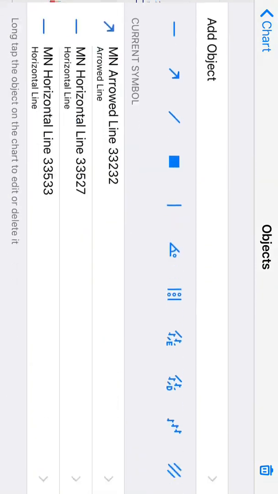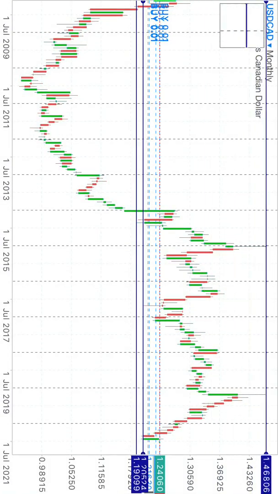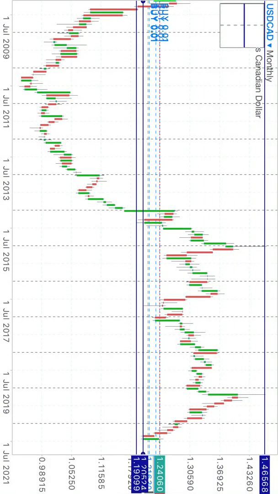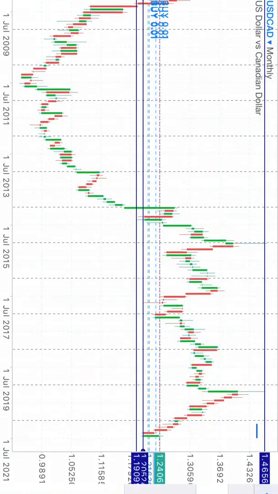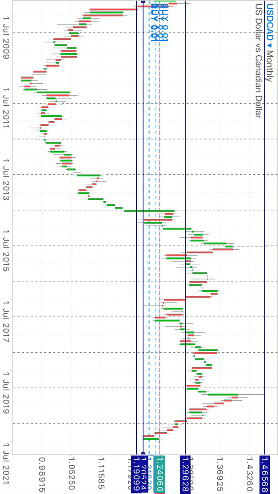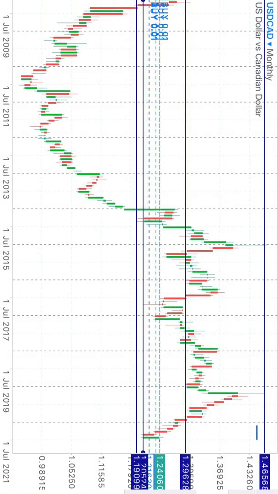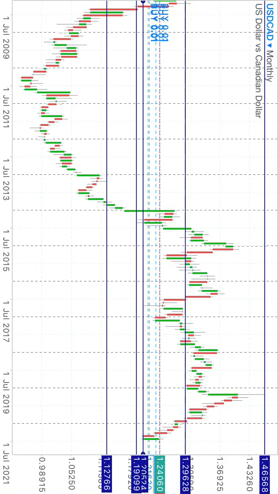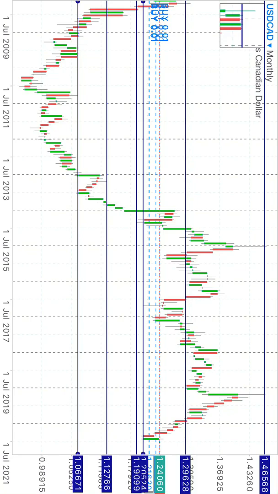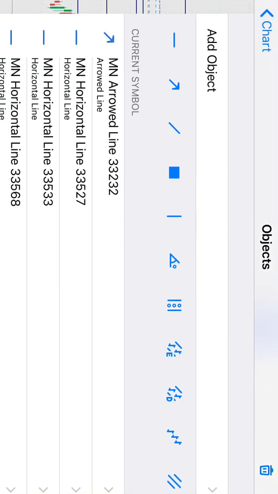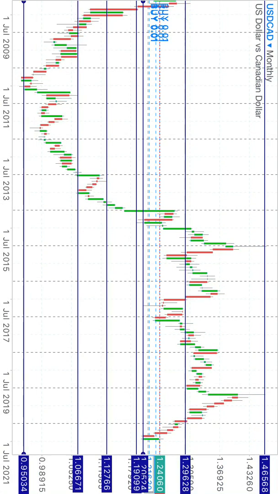So on the monthly, you will be identifying all your obvious support and resistance on your monthly time frame, because remember, what are we always doing?